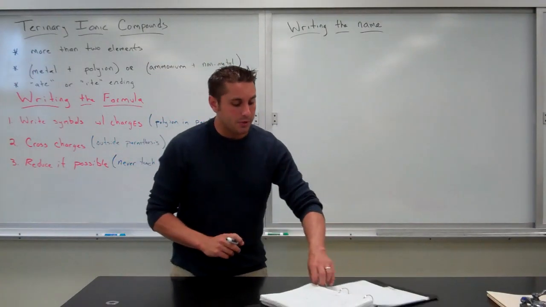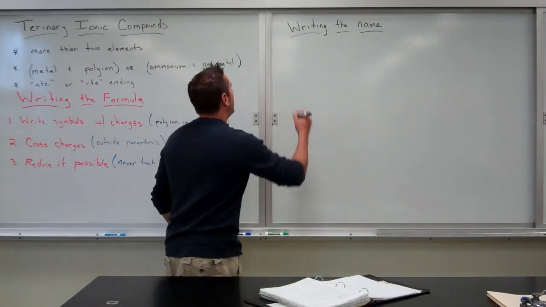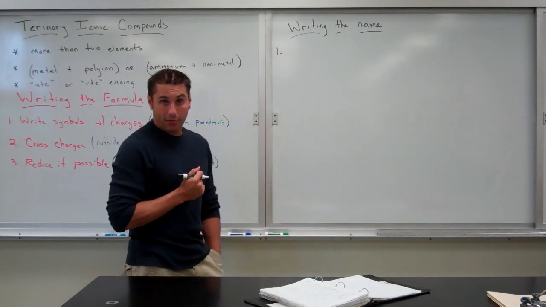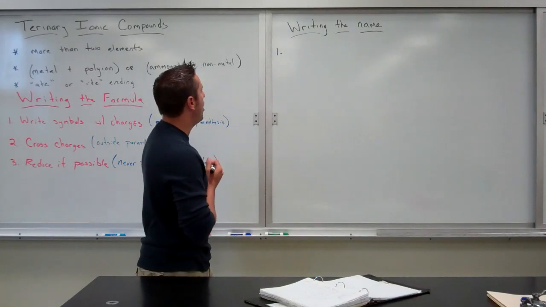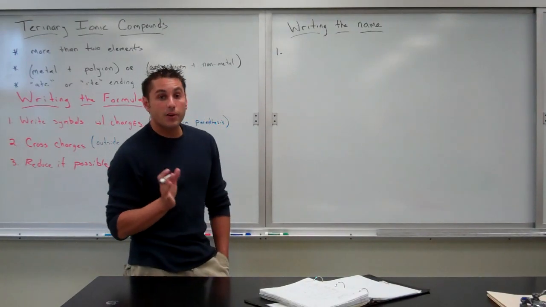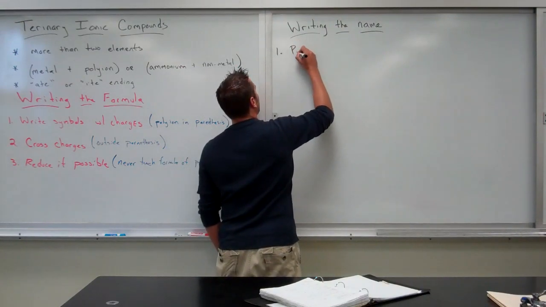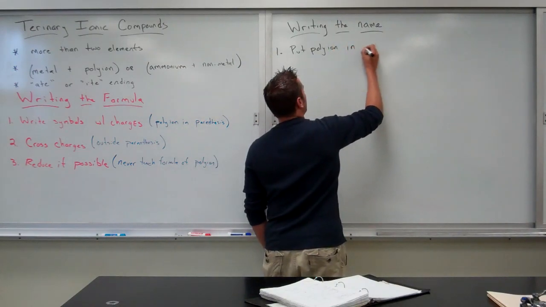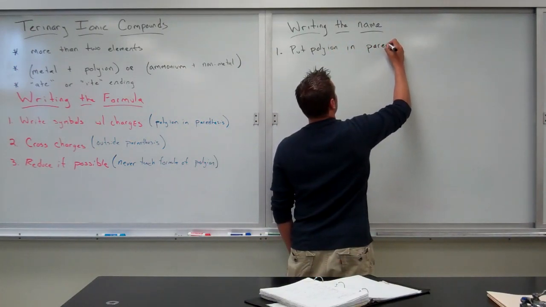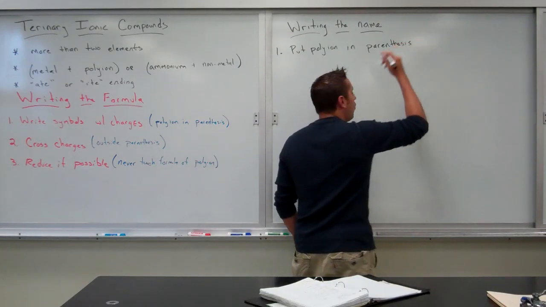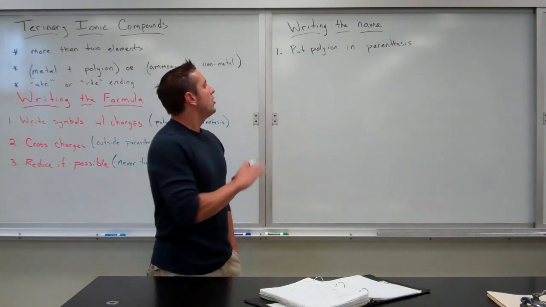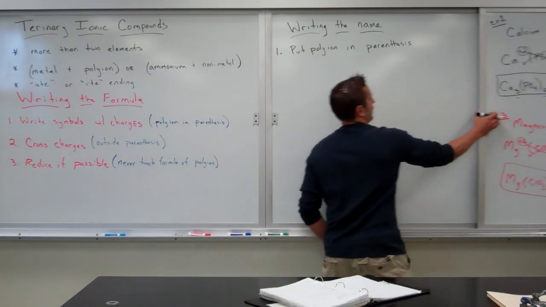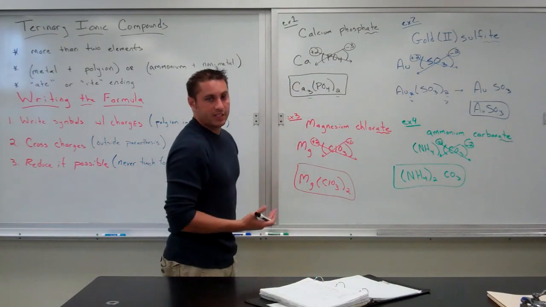If we're going to look at the steps to writing the name for ternary ionic, usually what I do is I see that I have 3 or more elements, because that's the way you'll know it's ternary ionic. And the first thing I do is I put the polyion in parentheses, or underline it, or box it, some way of identifying in a formula which part of it's the polyion.